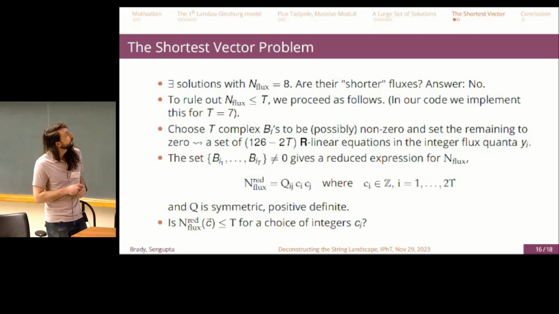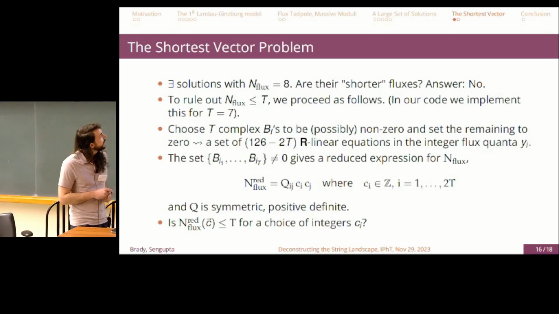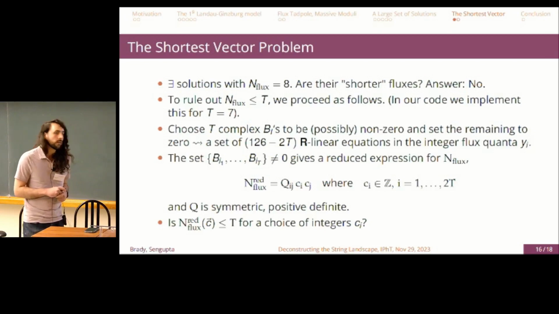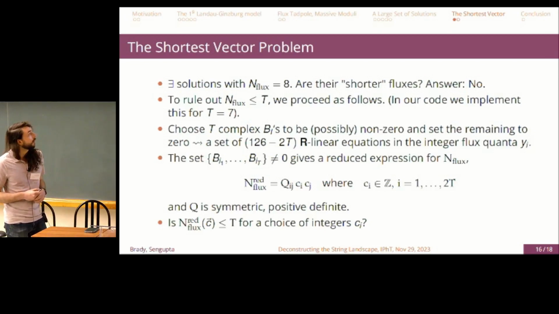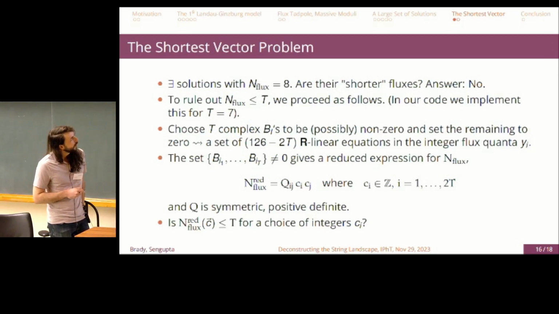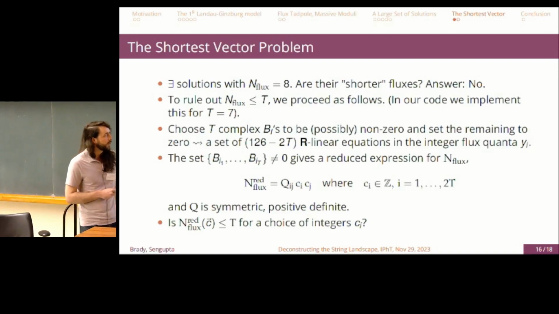Okay. So choose T complex B's, so a set of 2T equations non-zero, and set the remaining to 0. So we have a set of 114 real linear equations in integer flux quanta, which Anindya mentioned, we described as Y. So this set of non-zero coefficients gives us a reduced expression for that tadpole flux.